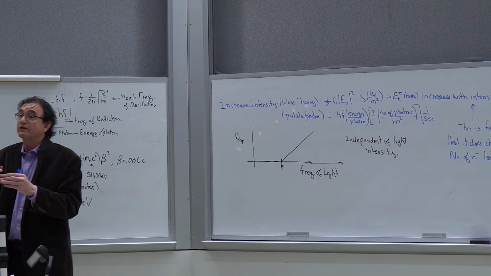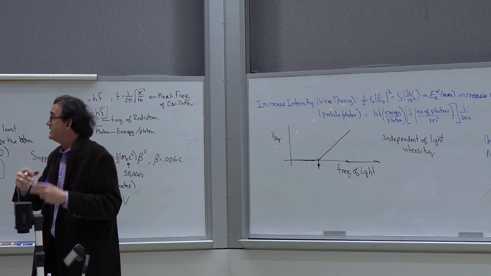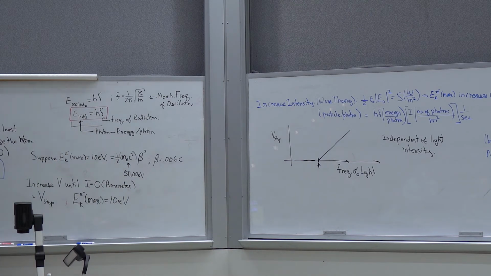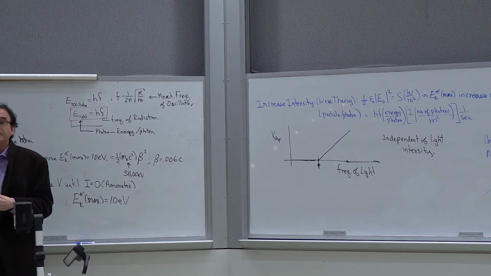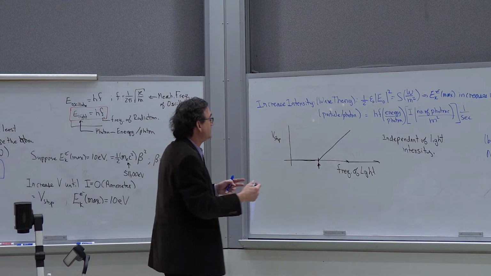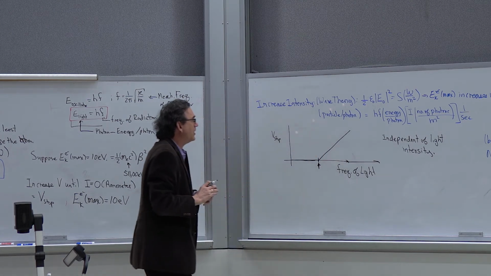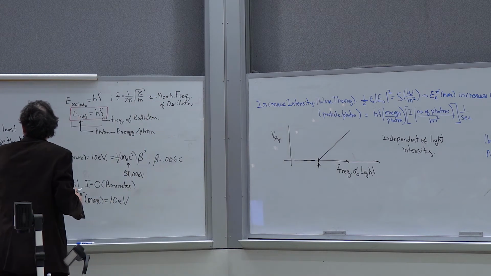But once you are at a frequency above that, this process starts happening, and electrons start coming off. When they come off, there will be some maximum voltage or energy that they come off with, and I can measure this.